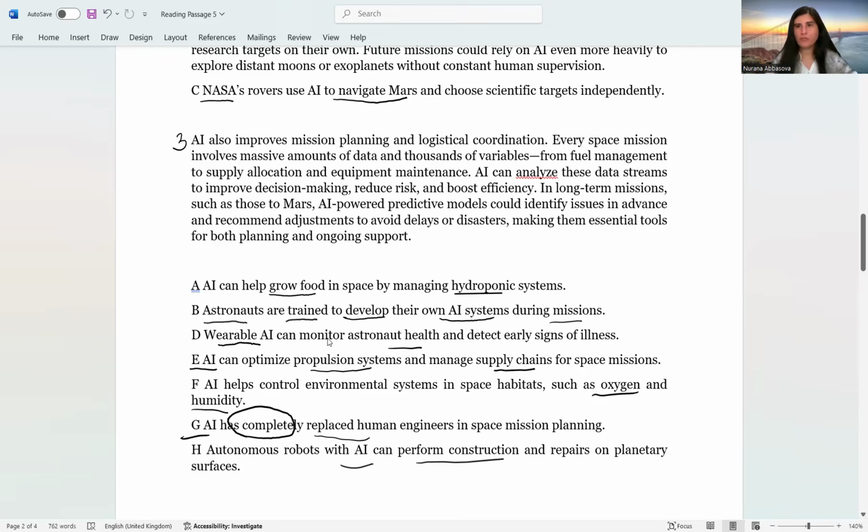E. Most of you say E. AI can optimize propulsion systems, manage supply chain mission.